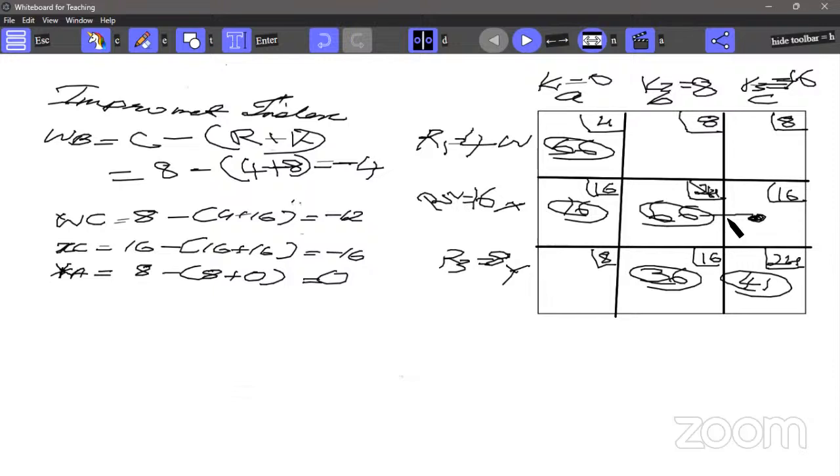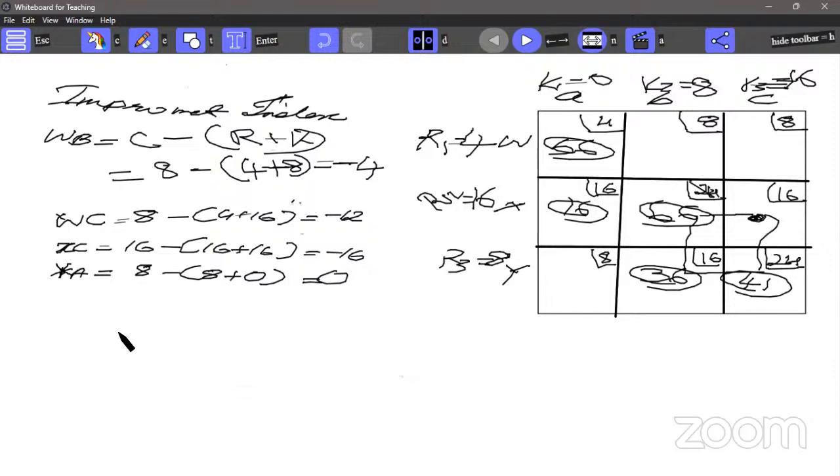I step on this stone, then I step on the next, then the next, and I come back home. So my loop is very simple.